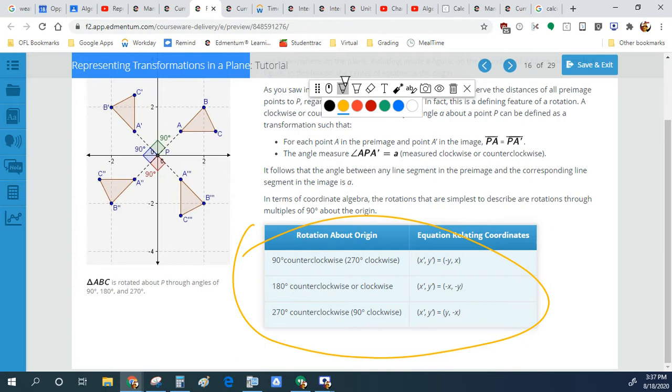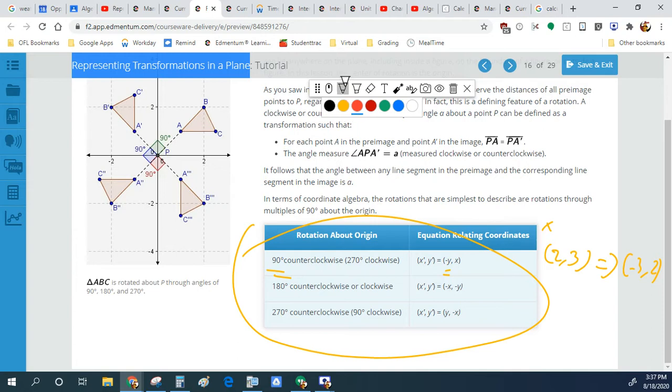Whenever you're talking 90 degrees, what's going to happen is your x and your y switch places. So let's say I had something like 2 comma 3. If I rotate 90 degrees counterclockwise like GeoGebra does, this turns into 3 comma 2, but notice how I changed the sign on the y, so that'll be negative 3.